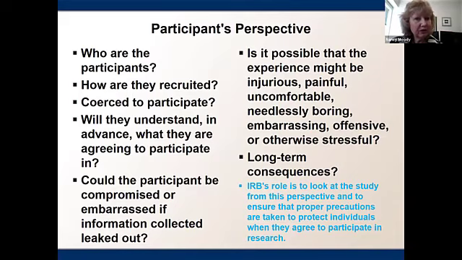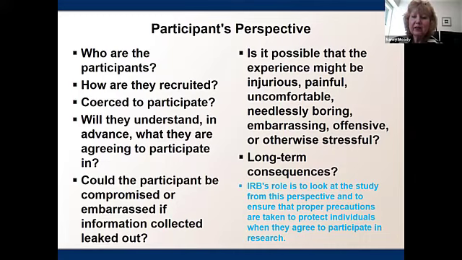How are you going to recruit them? Will there be any undue influence or coercion? Will they understand in advance what they're agreeing to participate in? Could the participant be compromised or embarrassed if the information was leaked out? Any pain, discomfort, needless boredom, embarrassing, offensive, or otherwise stressful experiences, any long-term consequences?